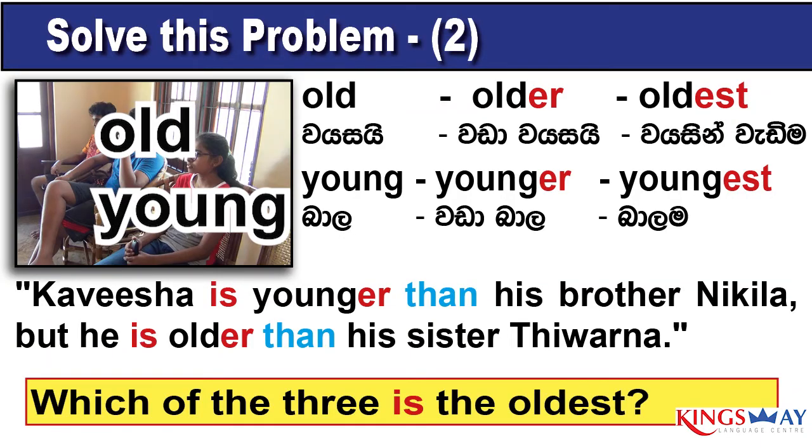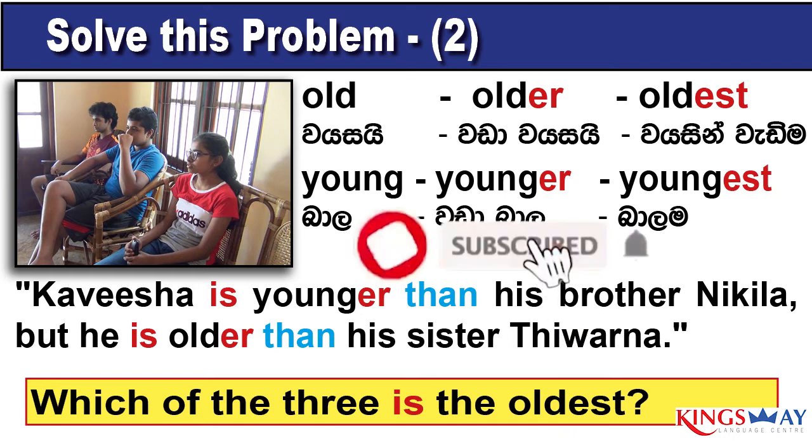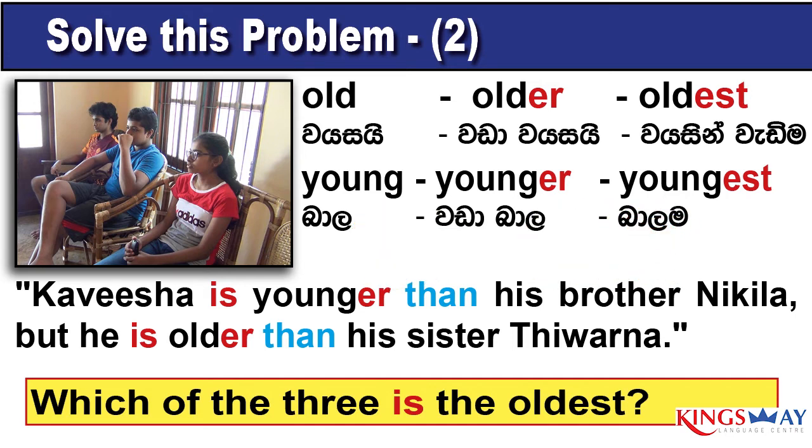Everybody knows that most adjectives have two more forms: old, older, oldest, and young, younger, youngest. I hope you can understand the two words.